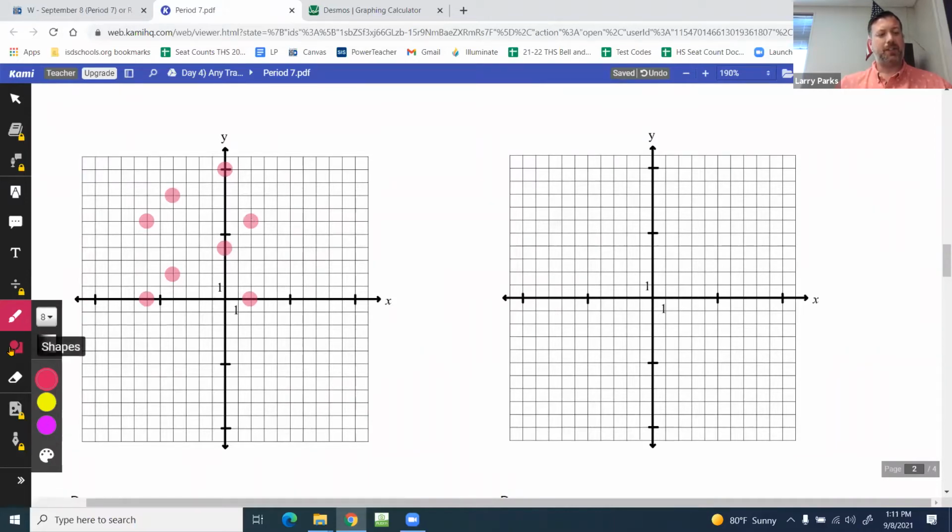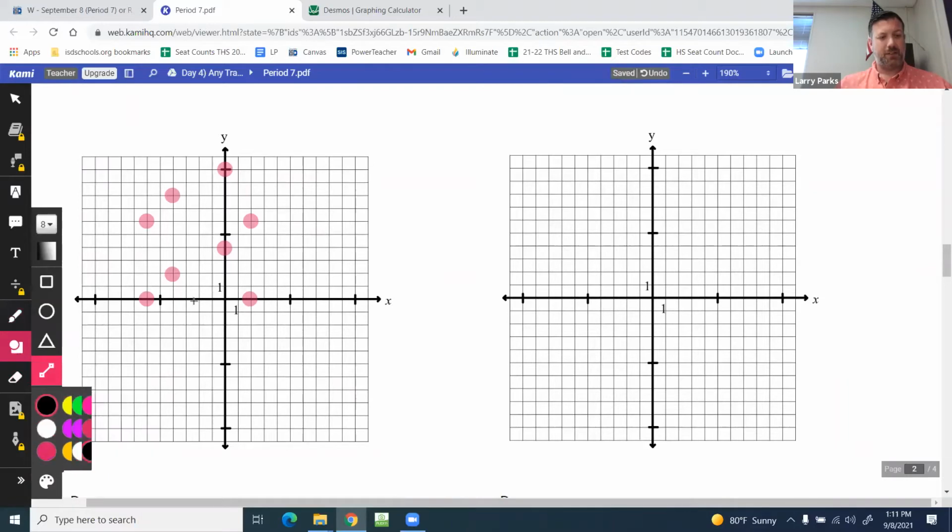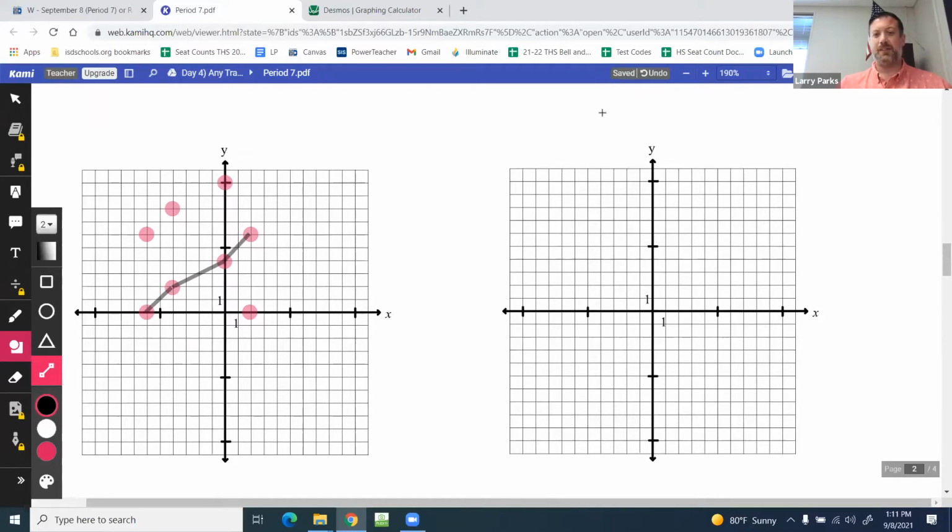So what we started off with, this function, went from here to here.